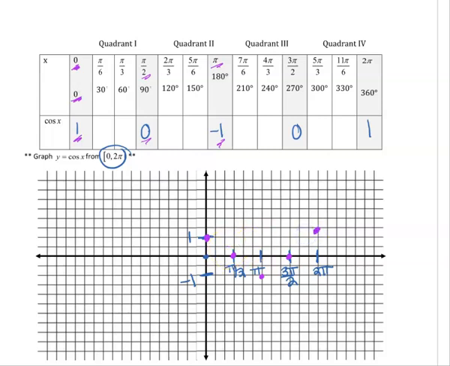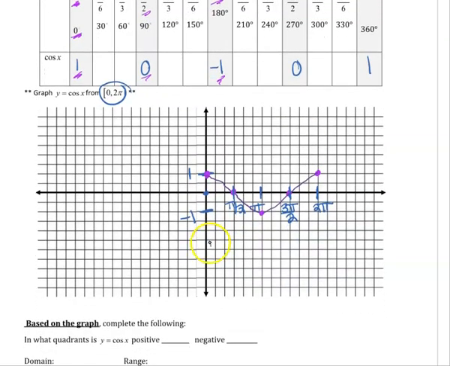Once you have those 5 points, oops, man, I'm not great at graphing on this. There we go. My last point went a little bit too high. Then we do a nice smooth curve to connect. And that is 1 period or 1 cycle of cosine.